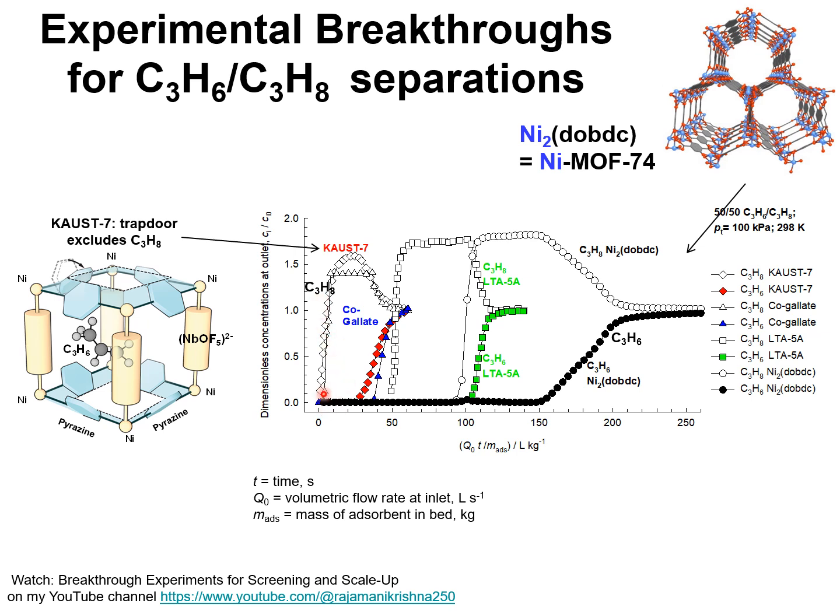We also note that the dimensionless concentrations of propane attain values larger than unity and approach a value of 2. But the extent of the departure from unity depends on the particular MOF.